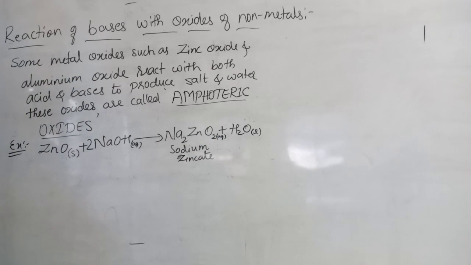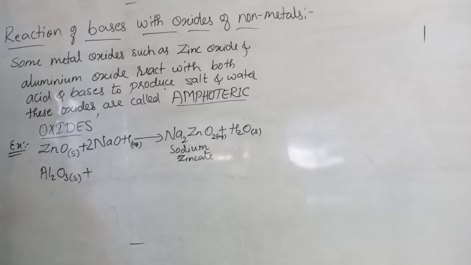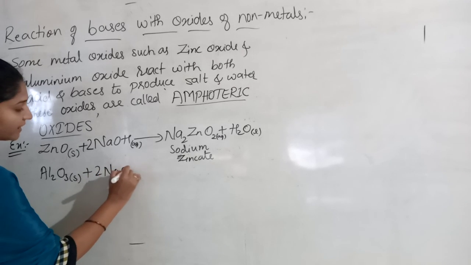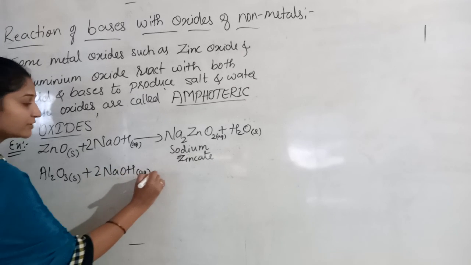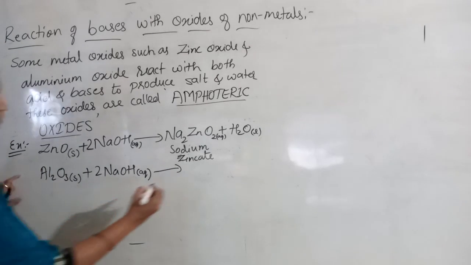Next, aluminium oxide, Al2O3. When aluminium oxide reacts with sodium hydroxide, what is going to form here? Sodium aluminate, 2NaAlO2.